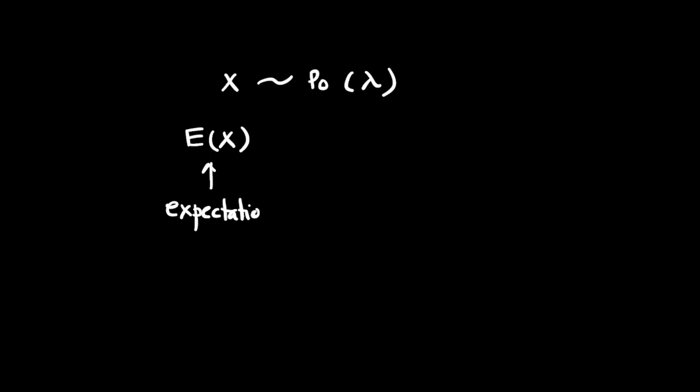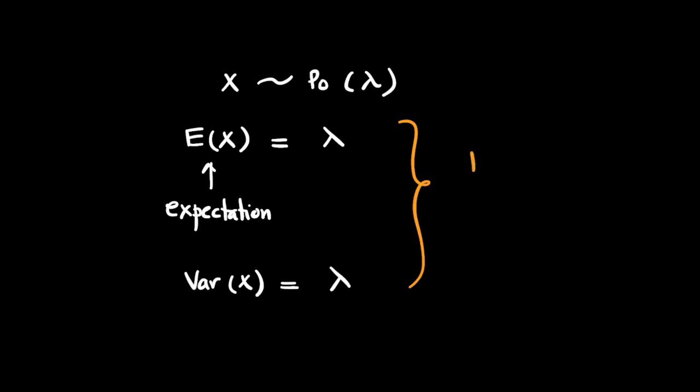What is the property of Poisson distribution? For Poisson distribution, x follows a Poisson distribution with lambda. The word that we use for mean is also expectation or expected value. The expectation is lambda, and the variance of this variable which follows a Poisson distribution is also lambda.